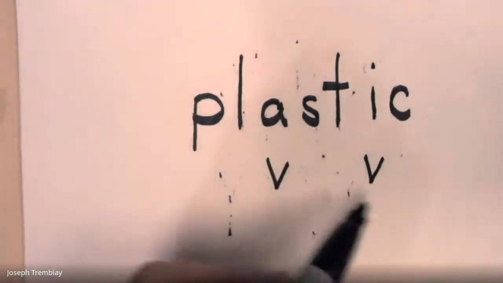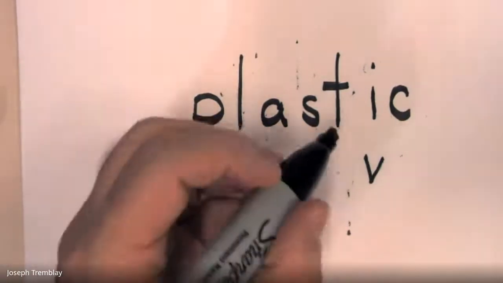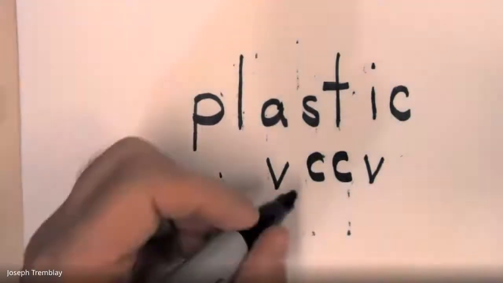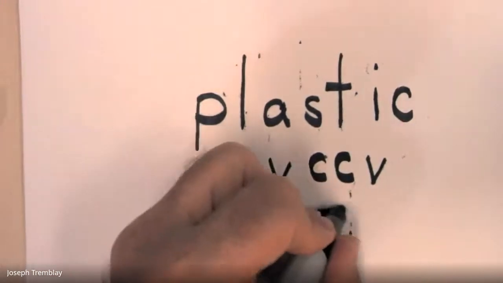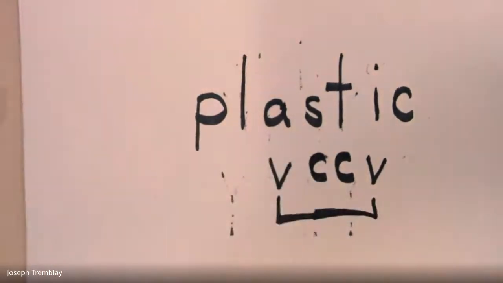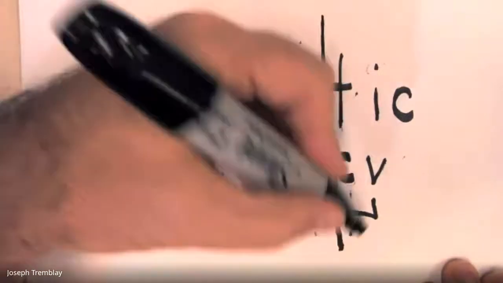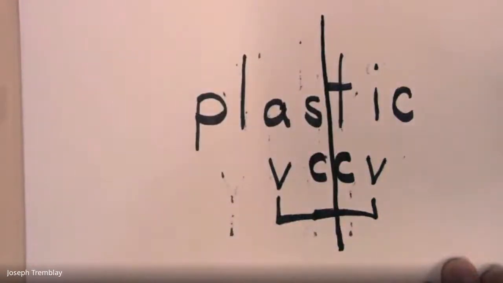So what's in between the two vowels? That's right, two more consonants. So I'm going to put my C's there. I'm going to draw my wagon or my sled. I divide between the what? Between the consonants. And I now have two syllables.